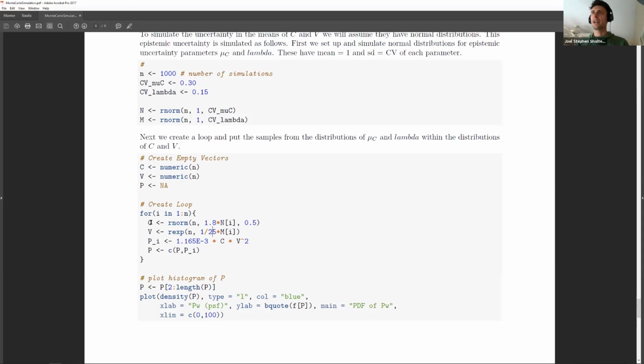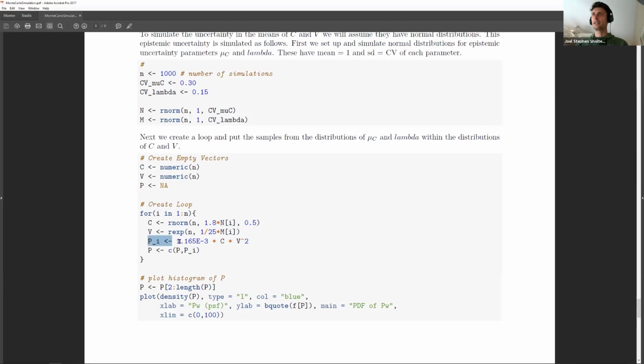So I get 1,000 values of C with that first sample of mu C. Then I do the same for velocity: 1,000 simulations with the exponential distribution, using that first sample from our normal distribution for lambda.